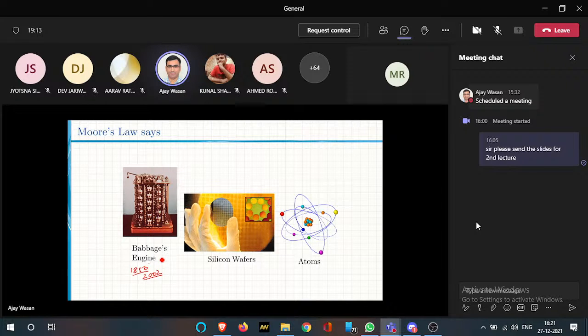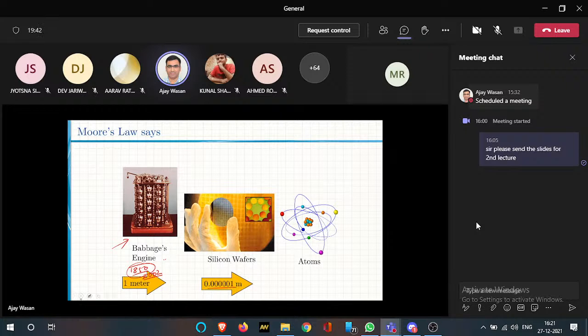Even in 1850 people were trying to do some calculation, so they were making the engine at that time. Then devices kept coming with time, getting smaller and smaller. Now we are reaching the atom's size. It was 1 meter size, then silicon wafers, and nowadays even our simple computer has very small devices inside.